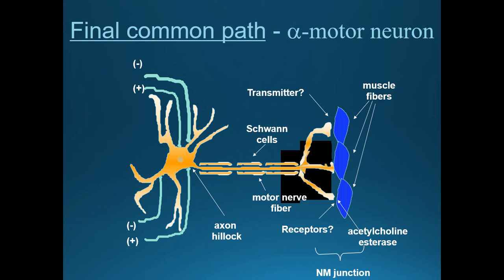When there is an excess amount of acetylcholine, acetylcholinesterase can degrade it. From the axon hillock, the impulse transmits through the motor nerve fiber and arrives at the ends of the axon.